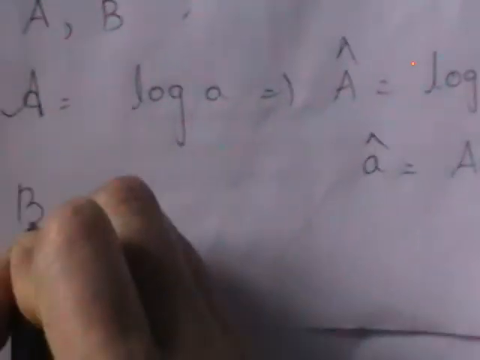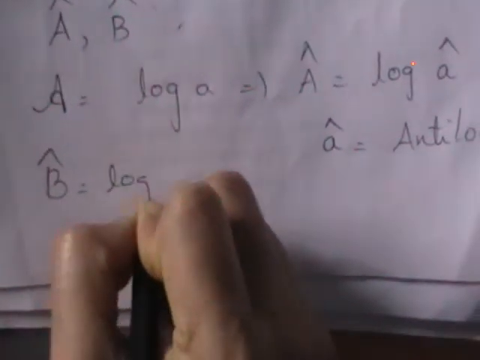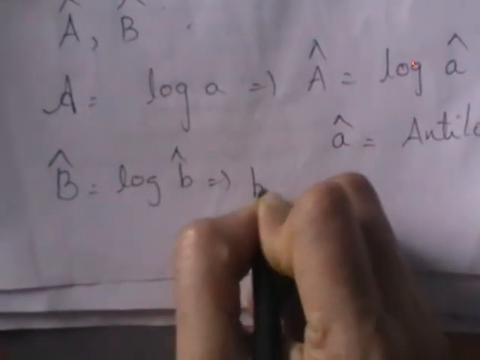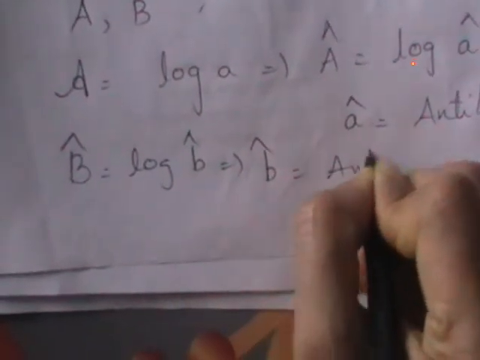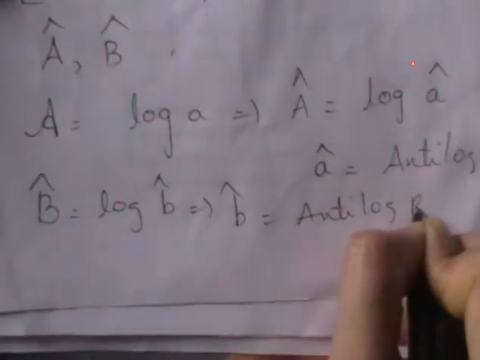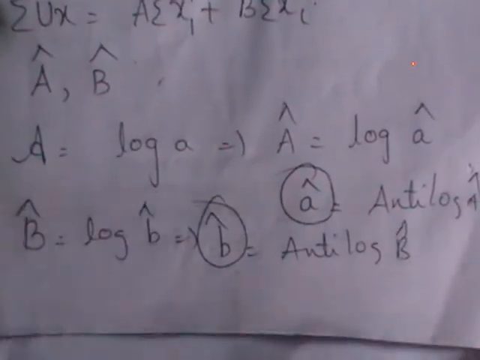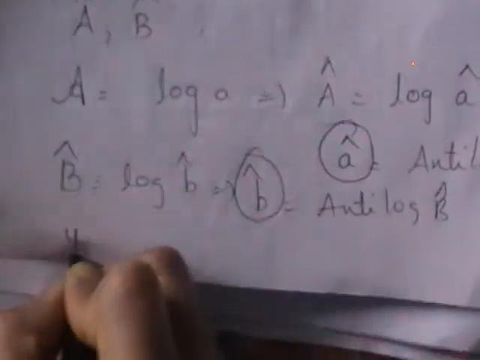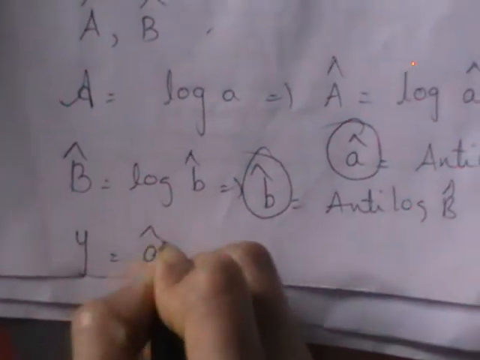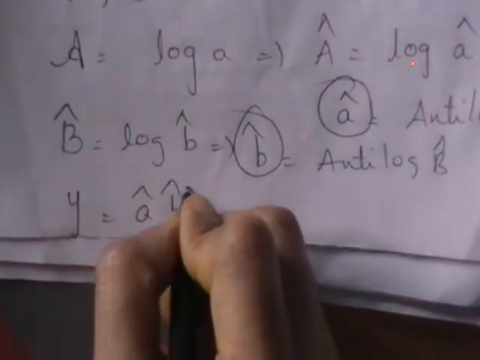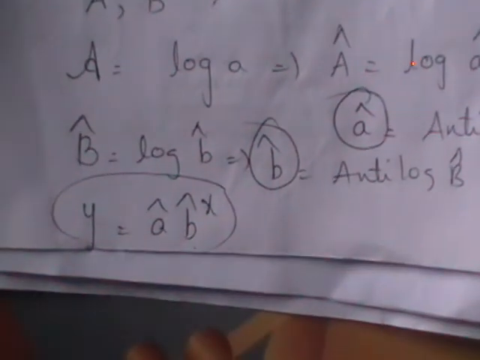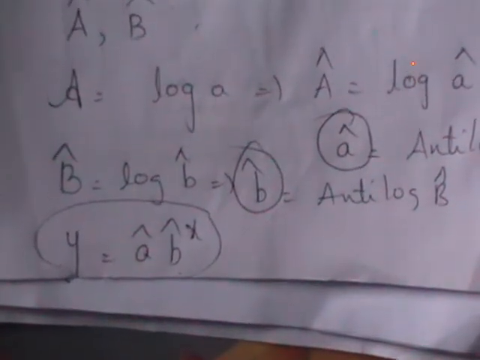What is B hat? B hat is log b hat. You need small b hat. Small b hat will be anti-log of capital B hat. So using capital A comma capital B, you have calculated small a comma small b. Then you put in the required equation. That will be a hat b hat power x, the fitted line for the fitted exponential curve for the given data. Thank you.